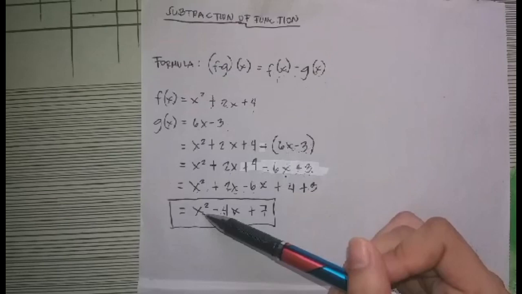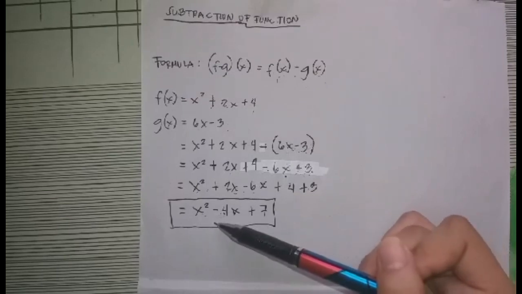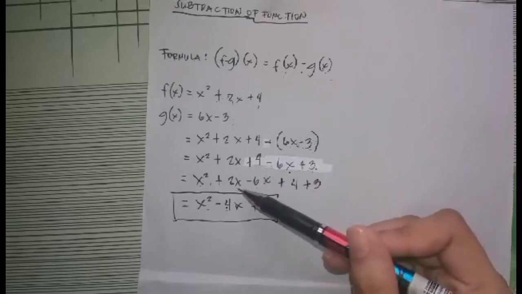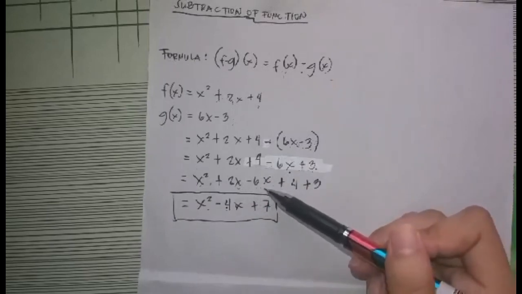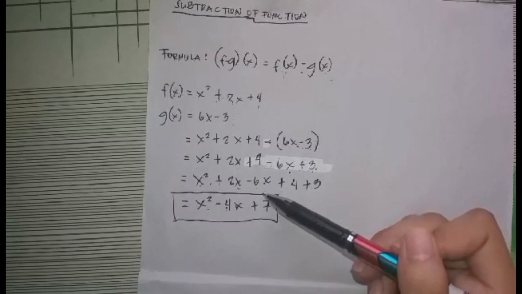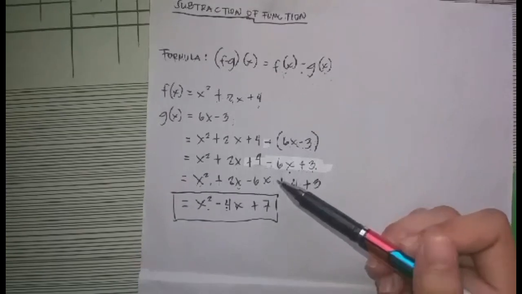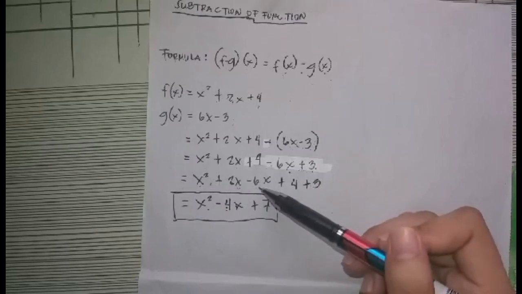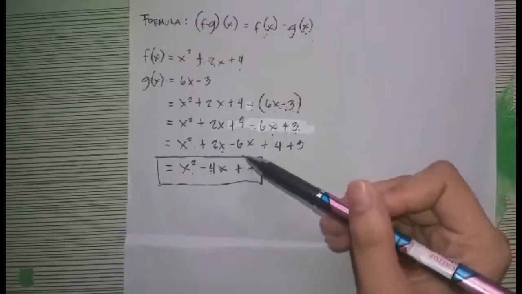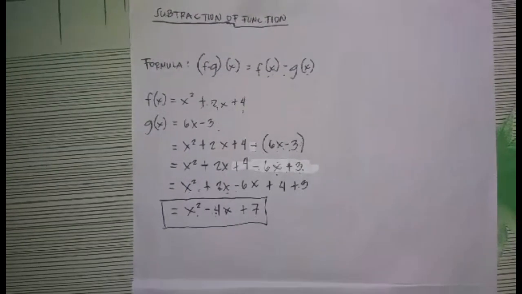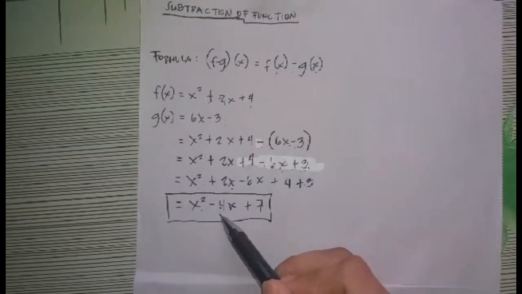And then with the x, since the same variable includes 2x plus minus 6x, you will just do the operation for the coefficient, which is 2 minus 6. 2 minus 6, that is negative 4.